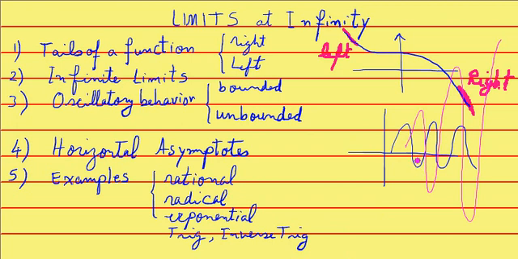The one item that we are most interested in this section is the horizontal asymptotes. Many of the functions we are investigating for the possibility of a horizontal asymptote. That means the function, when it reaches its tail, the tail acts more or less like a horizontal line. We are interested in knowing which functions behave like this.